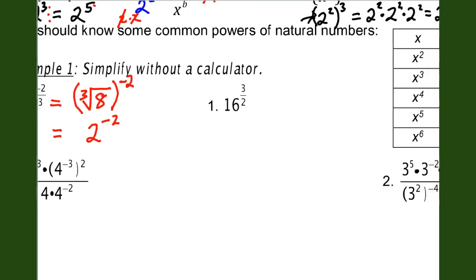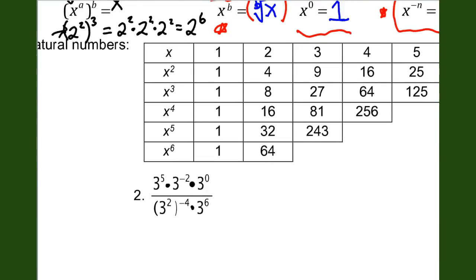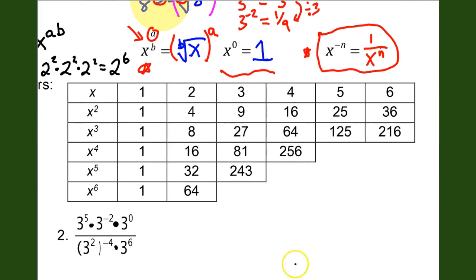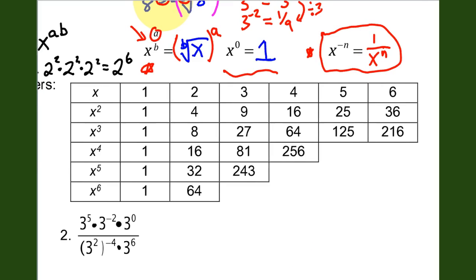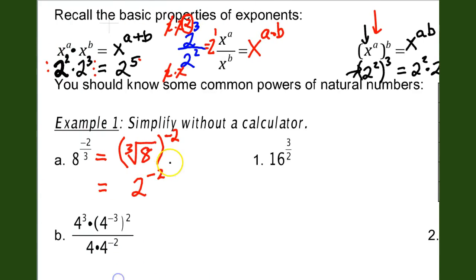This is where you use the second one. Go back over here. Negative power just means 1 over your base to the positive power. So I'm just going to make this equal to 1 over my base, but it's now to the positive power. So it's 1 over 2 to the 2.